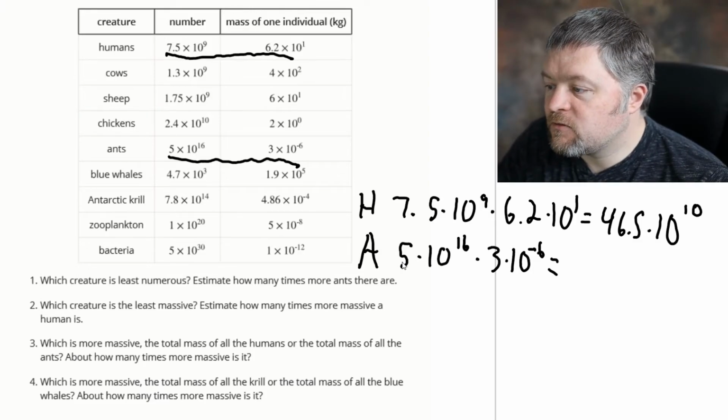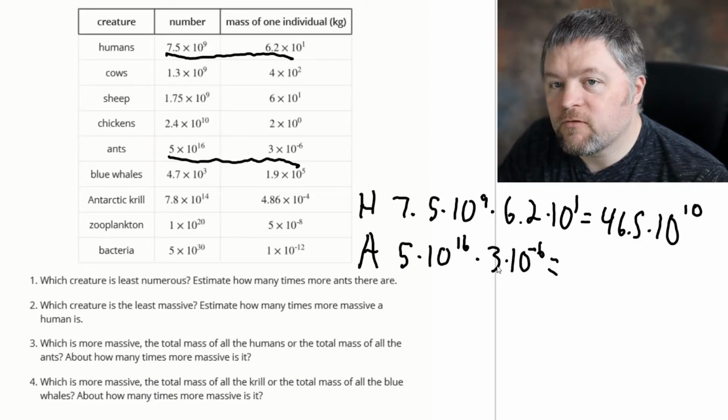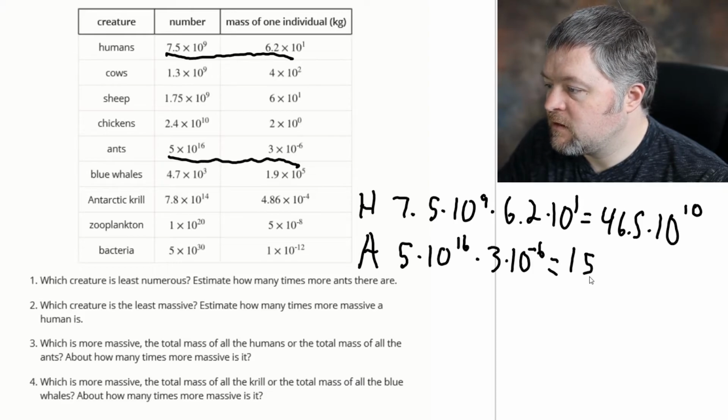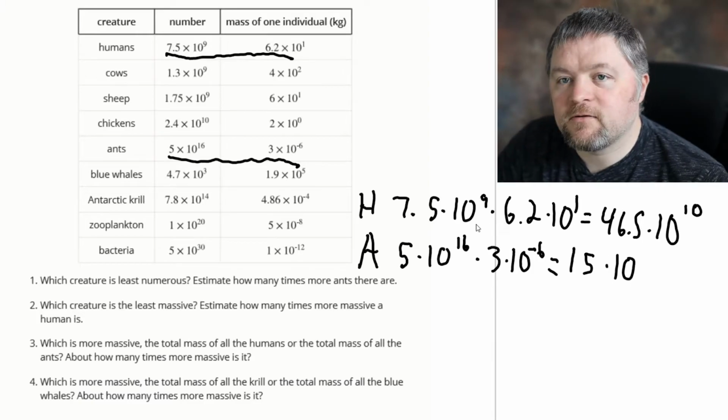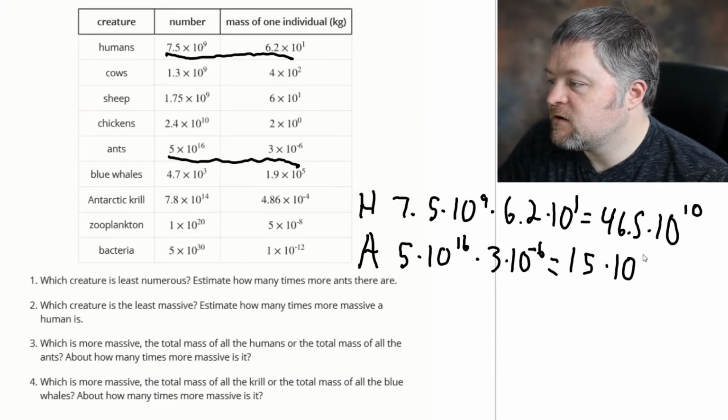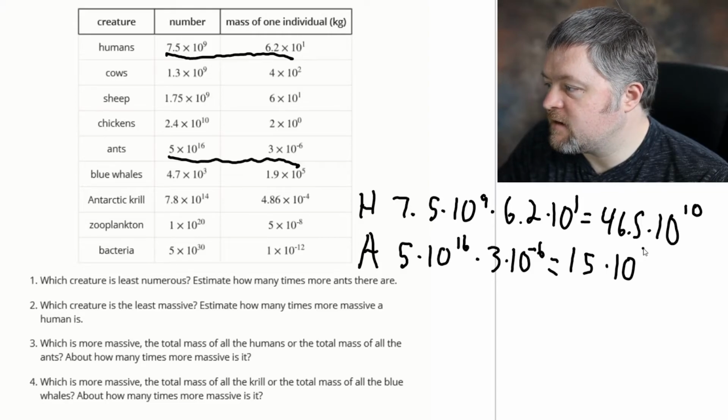For ants, we have 5 times 3, which is 15, times 10 to the power of, again, add the exponents. 16 plus negative 6 is 16 subtract 6, which is 10.